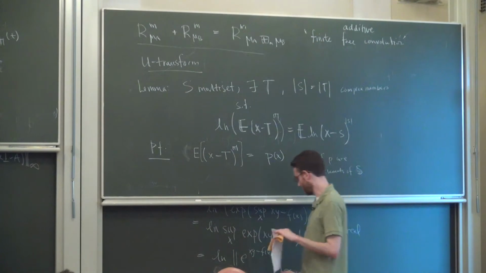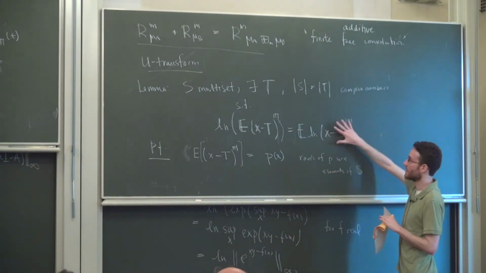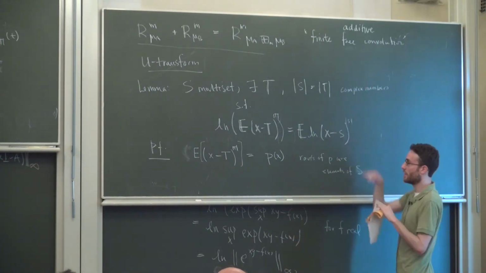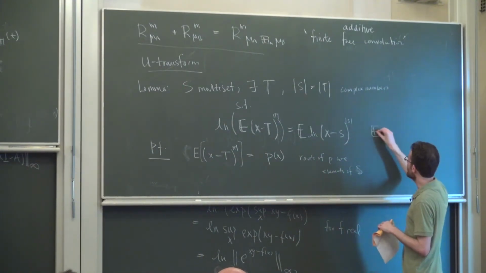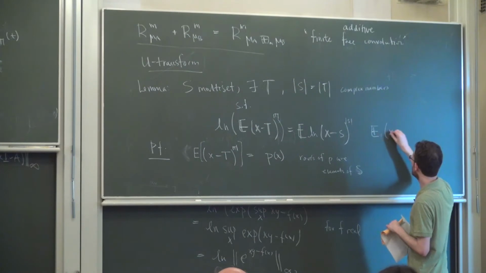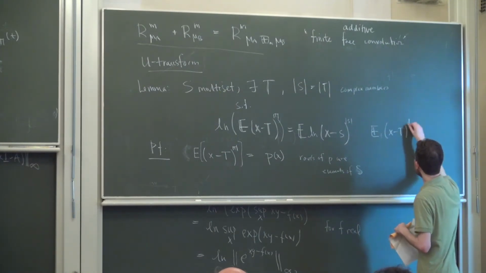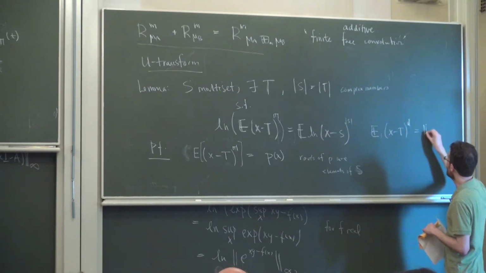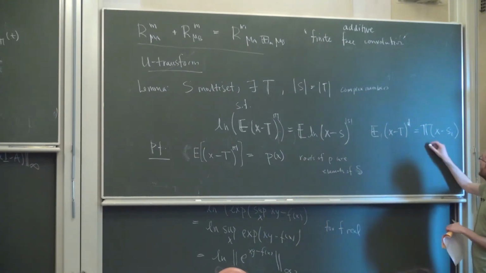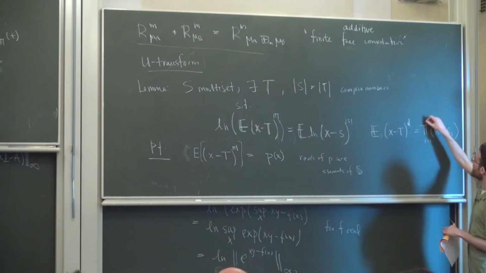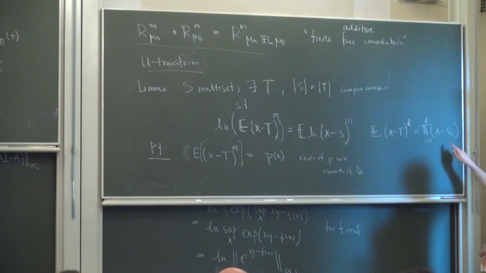This might actually be wrong, this statement here. What I want is to say that the expected value of x minus t to the d is equal to the product of x minus si, where i equals 1 to d. So s is the roots of some polynomial.